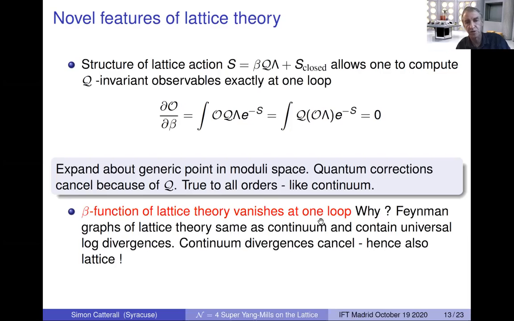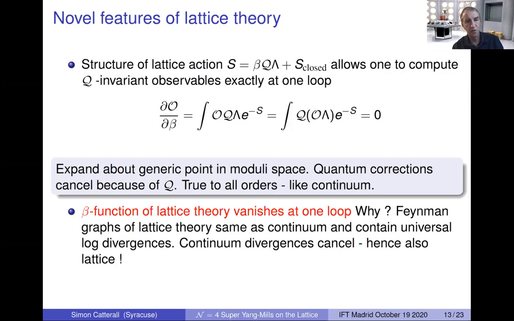You can show the beta function of this theory vanishes at one loop. And this was a surprise to us when we first bumped into it. It's sort of obvious, though. Unlike in QCD, the Feynman graphs of this theory basically match one-to-one with those of the continuum, right? So you have lattice vertices and lattice propagators, which differ from the continuum, but the structure of the diagrams is the same.